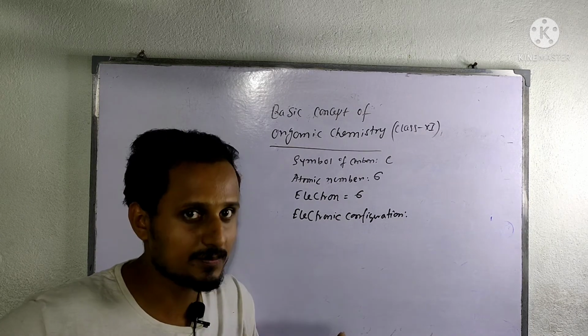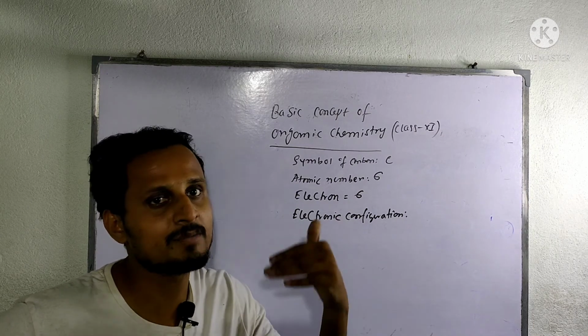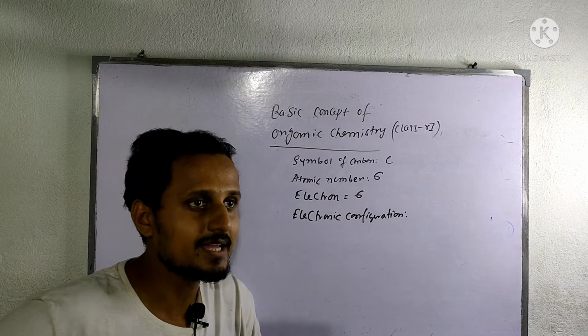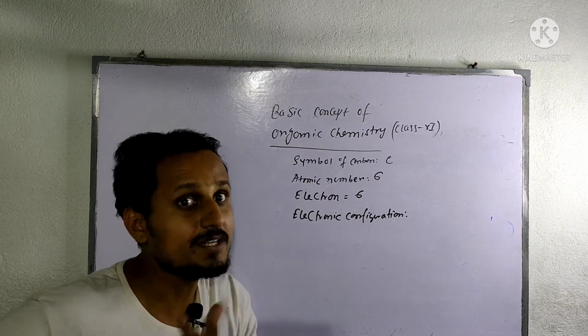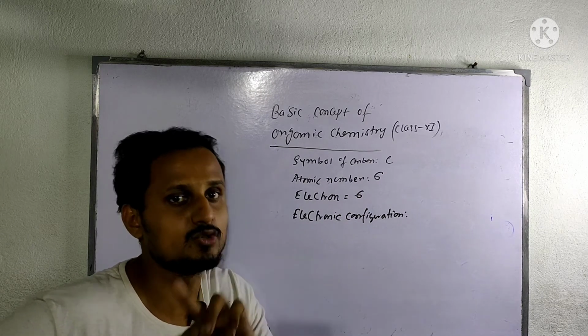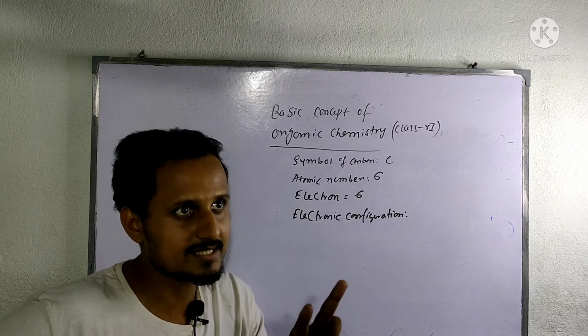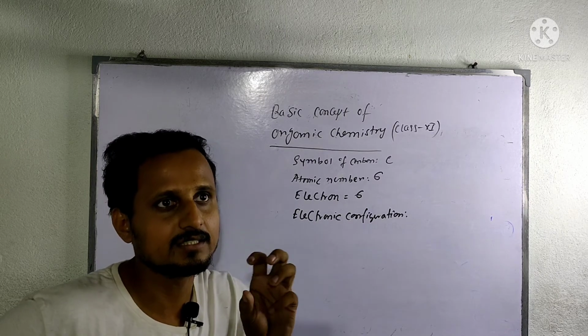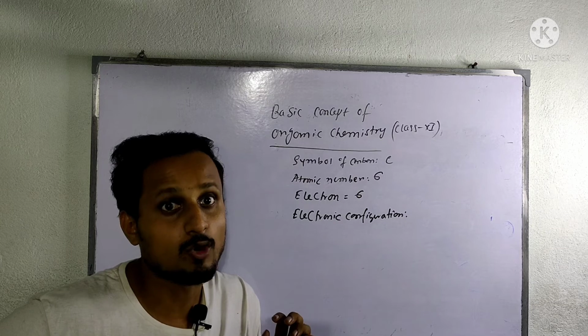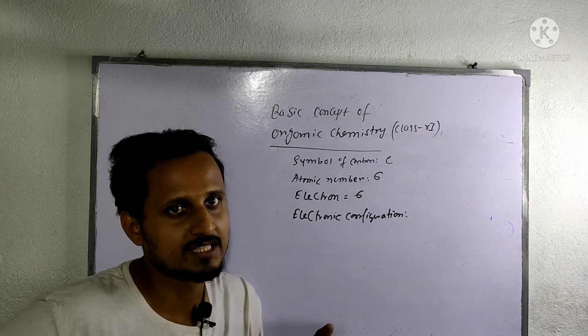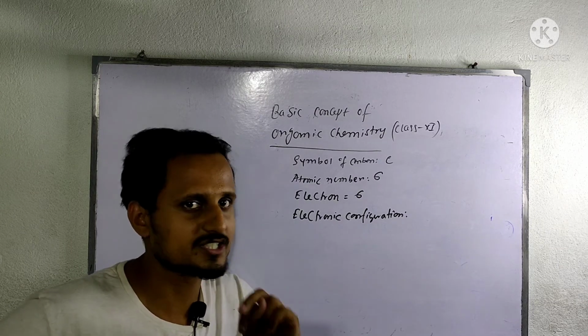In L orbit we learned that a maximum of 8 electrons can be there, but here in the second shell the orbitals are 2s and 2p. Now 2s has only one box, you can say only one room, so in 2s a maximum of 2 electrons can be there.